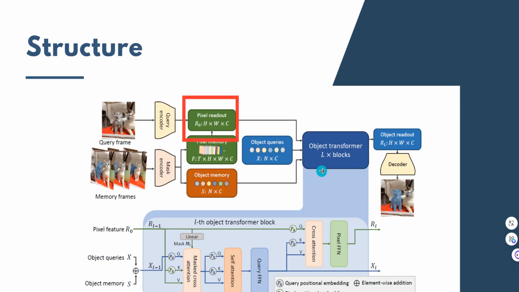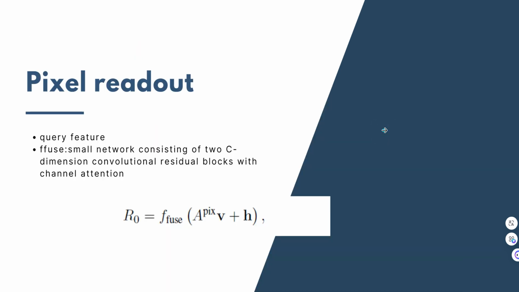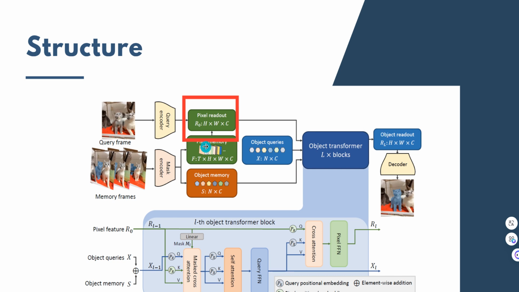Next is the pixel readout. As we can see, it has some relationship to the pixel memory. The pixel readout is basically the feature generated by the query encoder.